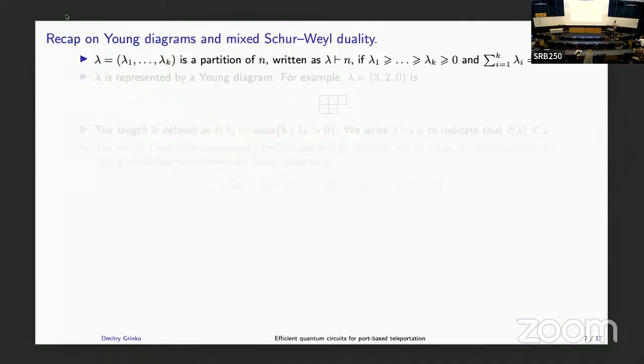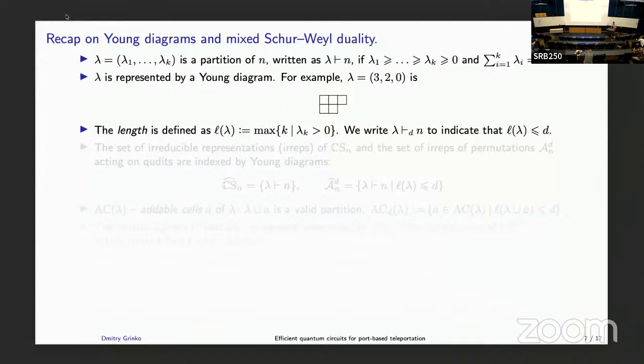But in order to do this, I need to do a quick recap on Young diagrams and Schur-Weyl duality. Recall that lambda is a partition of an integer n, written like this, if all those lambda_i parts are non-negative and they sum to n. Schematically we represent partitions by Young diagrams like this.